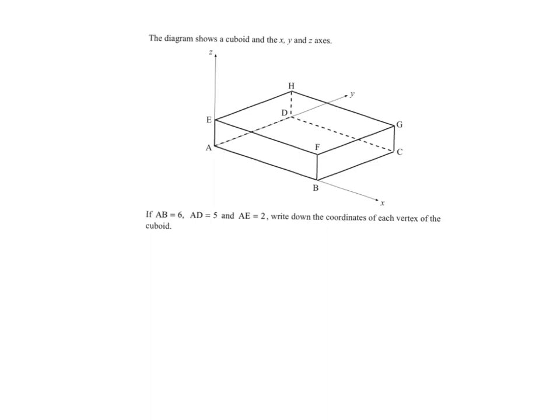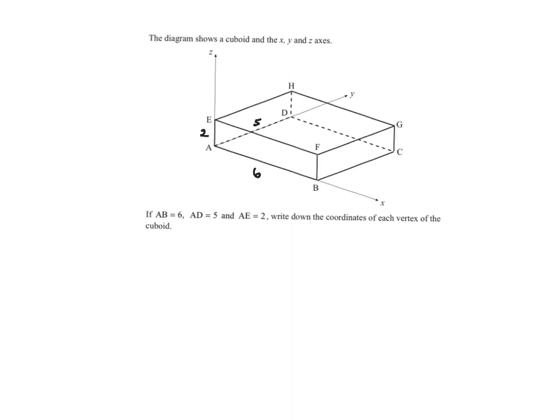Now this diagram is turned around very slightly from the 3D coordinate grid which I showed you a few minutes ago. We know that AB is 6 units long. I'll put 6 here. AD is 5. A to D is 5, so you can imagine 5 in here. And A to E is 2.